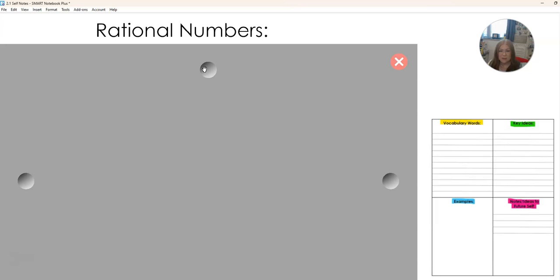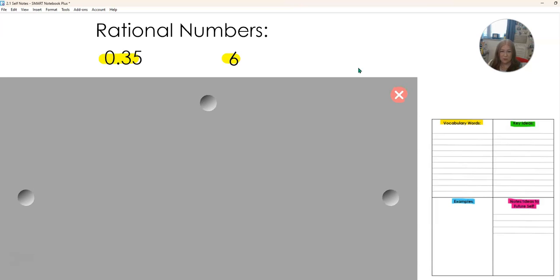So rational numbers, we're going to look at a few ideas and put some examples here. And we are going to put them with the vocabulary words just to connect and show what that's like. So 0.35, it's a decimal and it ends. It can also be written as a fraction. This is 35 out of 100. So make sure you have that, right?